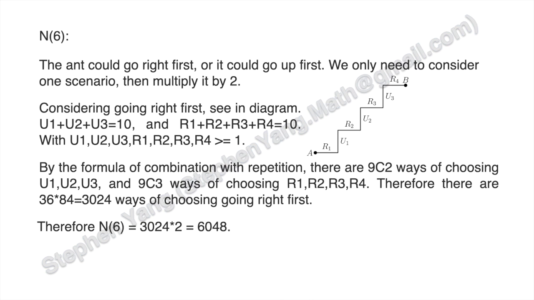So n6 equals 3,024 times 2, which equals 6,048. Then n6 minus n5 equals 6,048 minus 2,592, which equals 3,456.